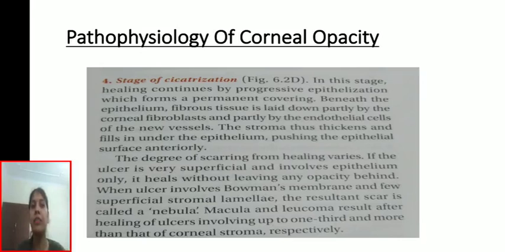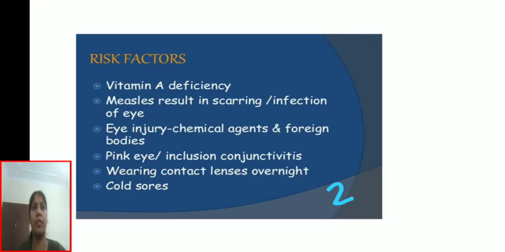These are the words we use in this pathophysiology: nebula, macula, leucoma. These are the types of corneal opacity. Now we discuss them later.